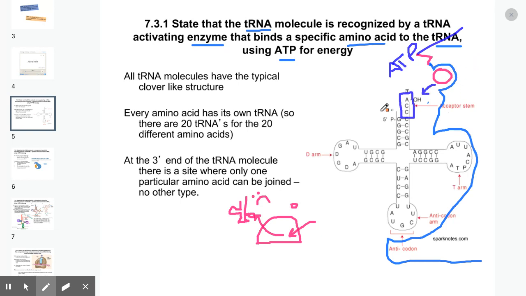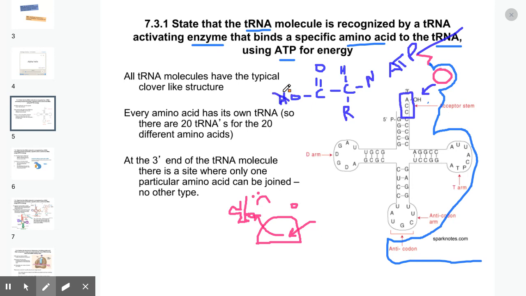And then the amino acid, let's just draw our amino acid real quick. So here's our amine group. Here's our central carbon with a hydrogen. Here's the mystery R group. You guys should all have this memorized. This is double bonded to an O. And here we have our OH group. So what happens is the OH group on our acceptor stem off of our base adenine here will interact with the OH group here.